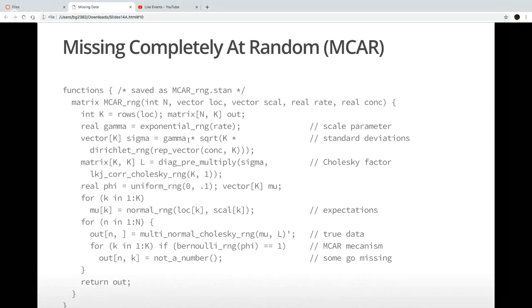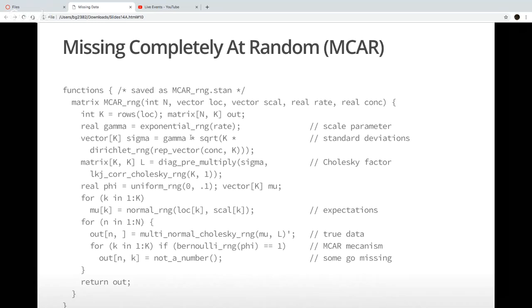So we get this Dirichlet simplex to say in relative terms how much of the variance is in the first variable, how much is in the second, etc., all the way out to the k. And then we scale it up by k and we scale it up by gamma to give us absolute, in this case, standard deviations rather than variances. But we just take the square root.